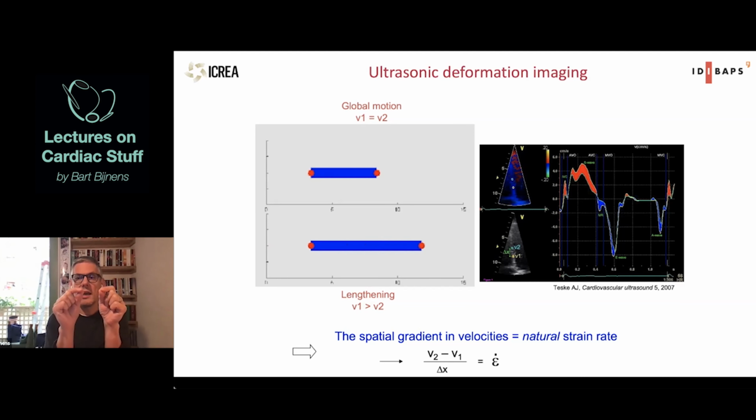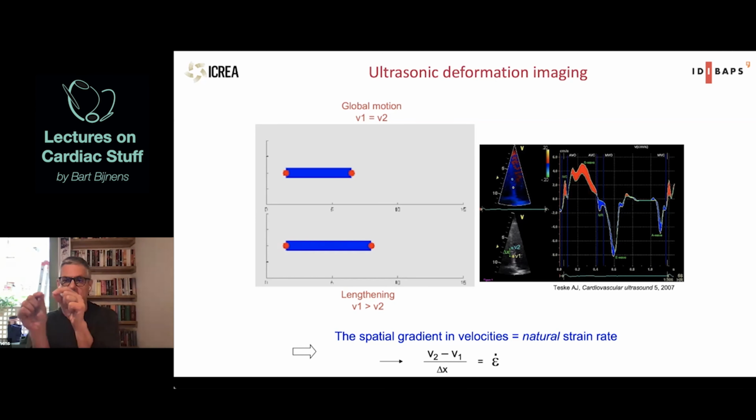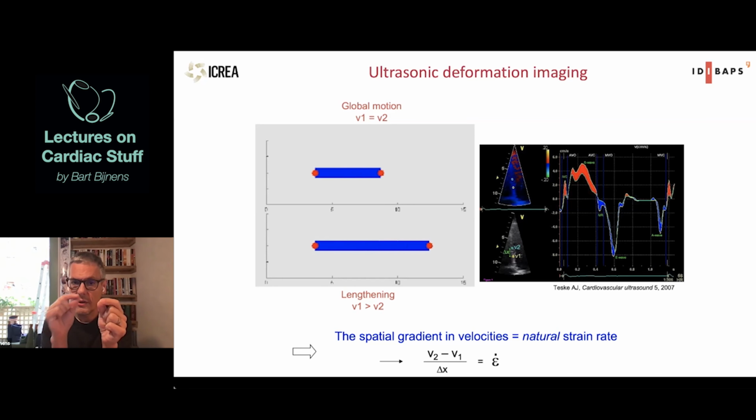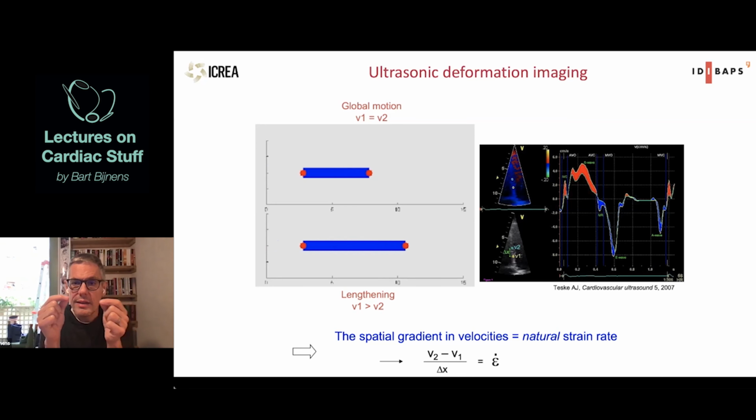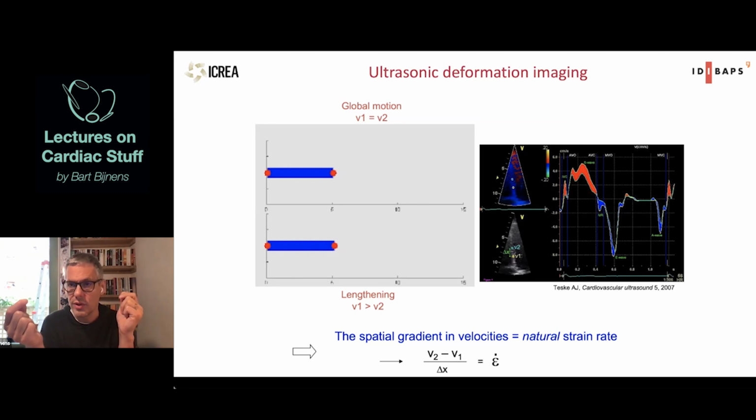If you have two points during the cardiac cycle that move with the same velocity in one direction or the other, then you know that in between there's no deformation. If one of these points is moving with a faster velocity than the other one, then you know that there is deformation. So the spatial gradient of the instantaneous velocity is related to the deformation.